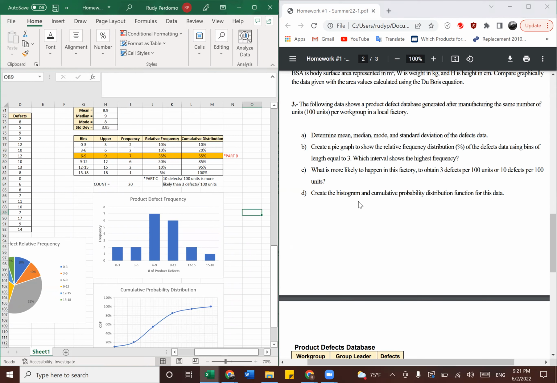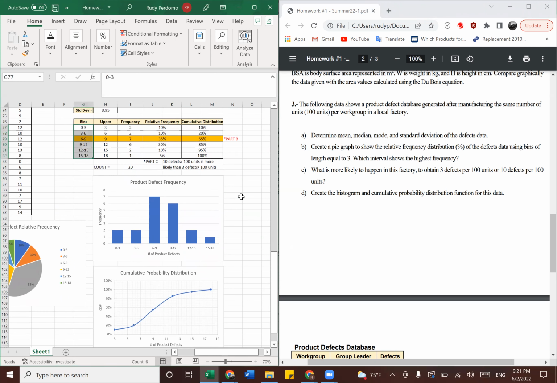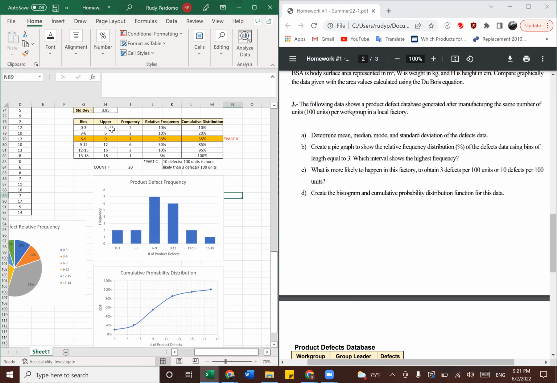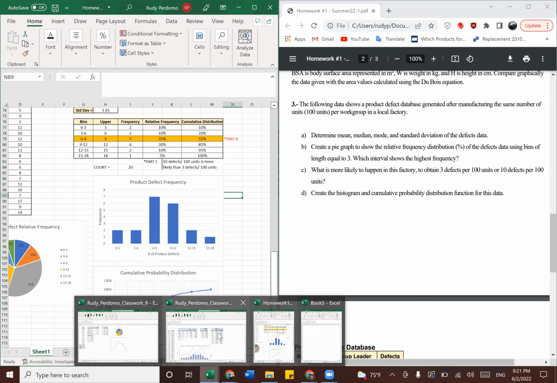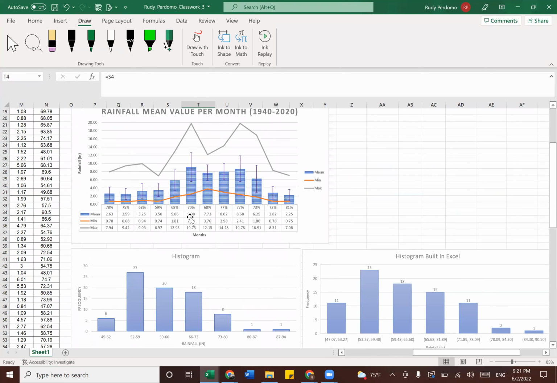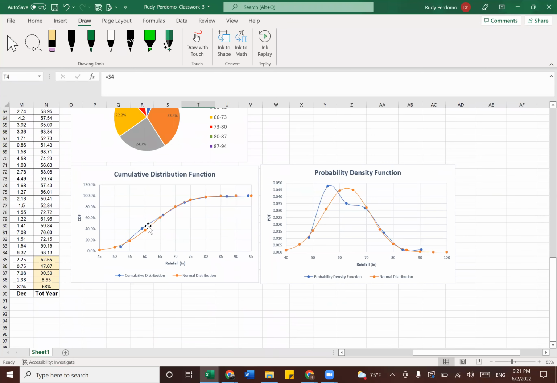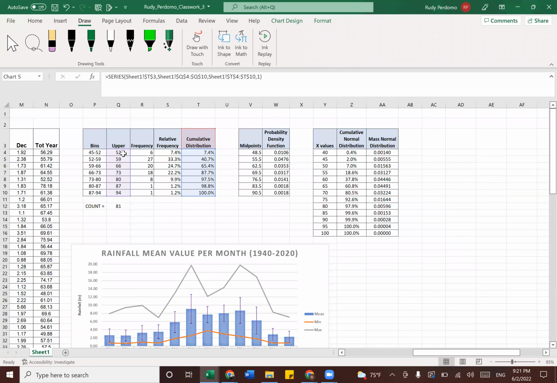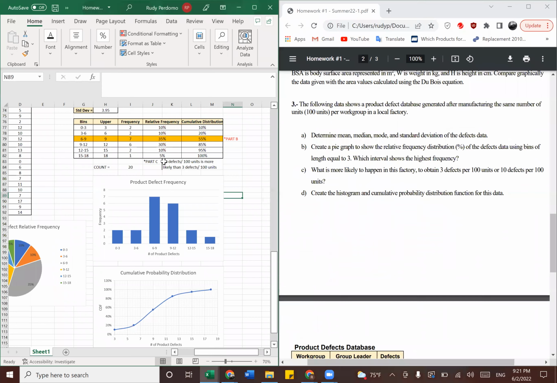Now for the cumulative probability distribution function, you do the same thing here. You select the X values. Oh, sorry, you don't select the X values. So here's this graph here. In the classwork, she just used the upper values, so that's what we're gonna do here.